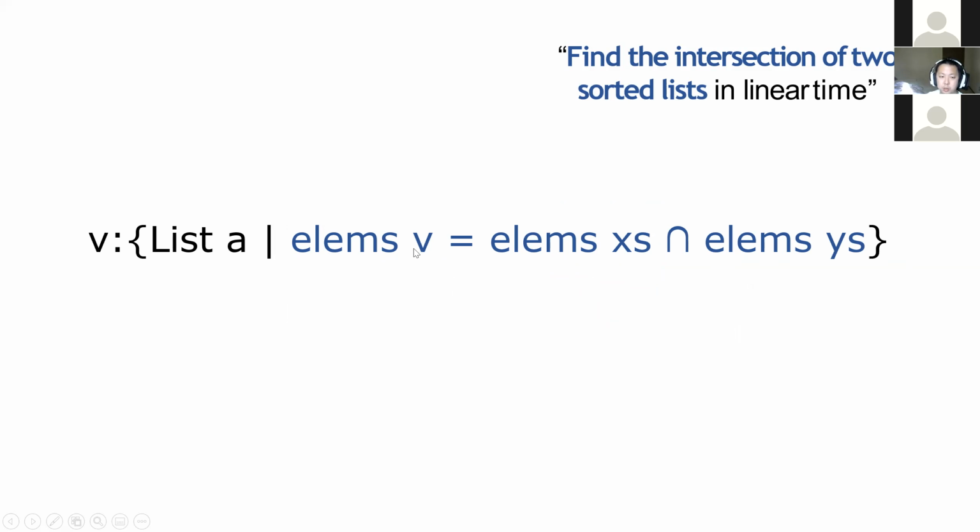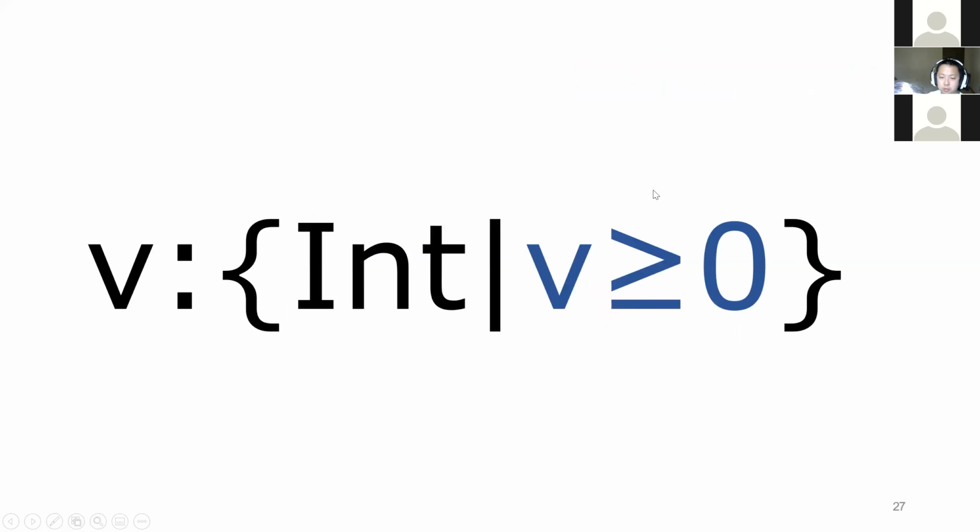The elements of the output should be the intersection of the elements of the input. And here is another example of the refinement. You can see this refinement type says that the output should be a natural number.